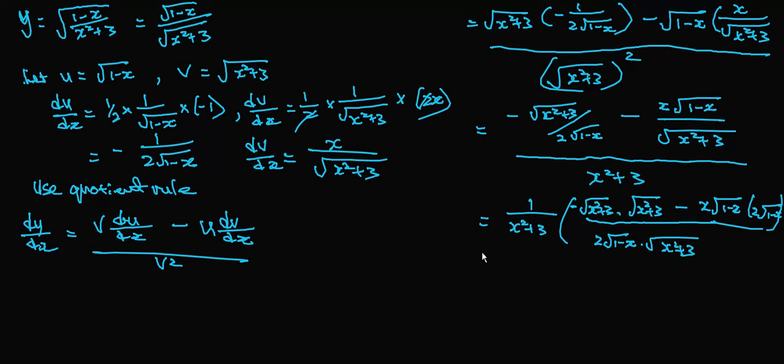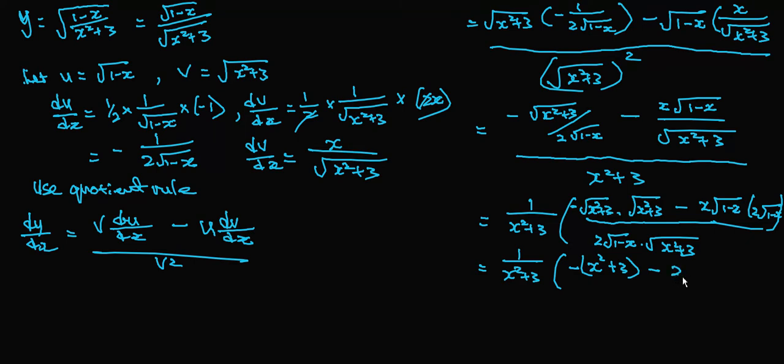Okay? Now, let's simplify. Square root of x squared plus 3 times square root of x squared plus 3 gives x squared plus 3, so what you have is minus bracket x squared plus 3. Minus, what about here? x square root of 1 minus x times 2 square root of 1 minus x. Square root of 1 minus x times square root of 1 minus x ends up just 1 minus x.